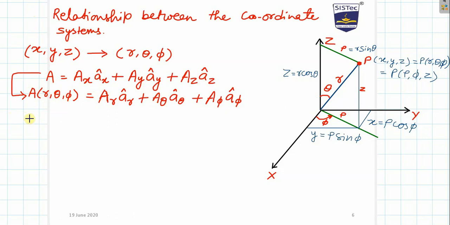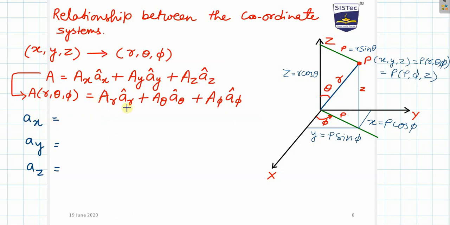We have to get the Ax, Ay and Az. This we have to get. So if we want to get this Ax, Ay and Az, there should be dot product of ax dot ar.